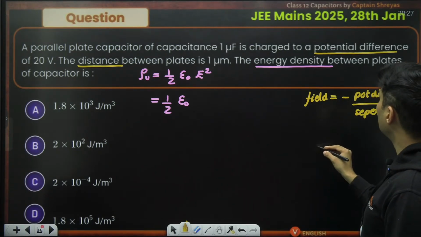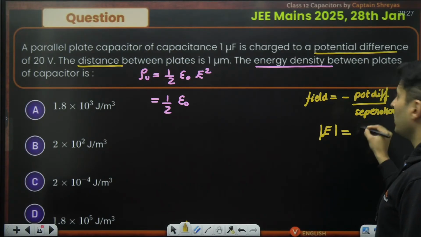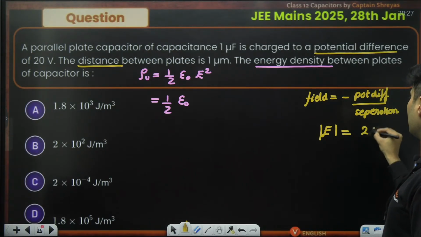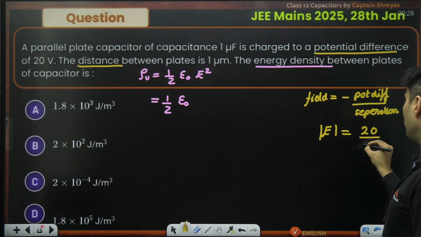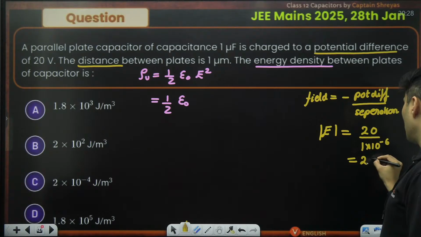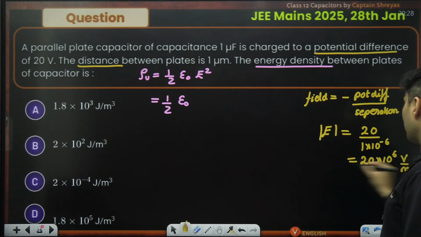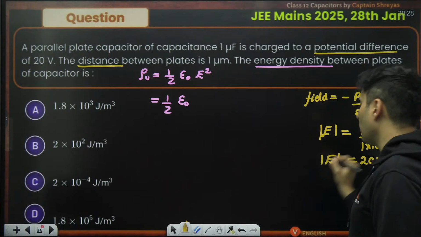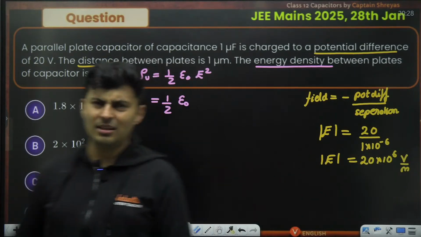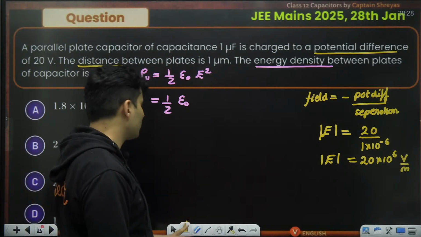So the field magnitude will be, potential difference is 20, separation is 1 micrometer, that means 1 into 10 to the power negative 6. So it will be 2 into 10 to the power 7 volts per meter. That is the magnitude of the electric field, and I'm only interested in the magnitude. Anyway, I'm squaring it, so the negative sign will not bother me.